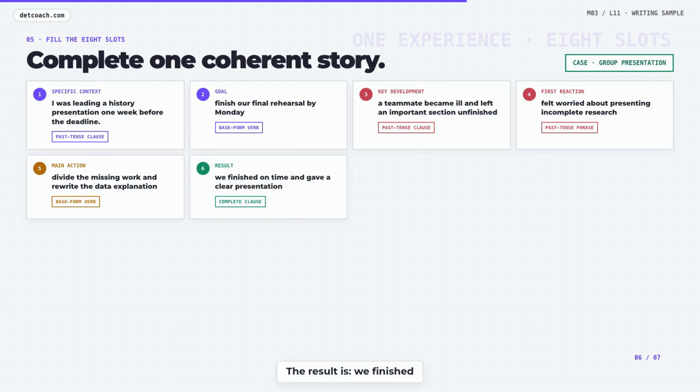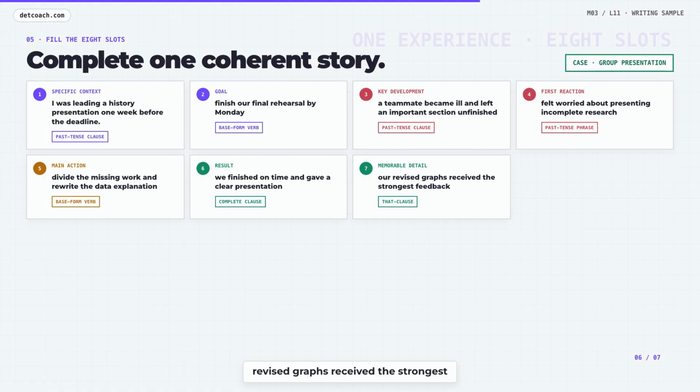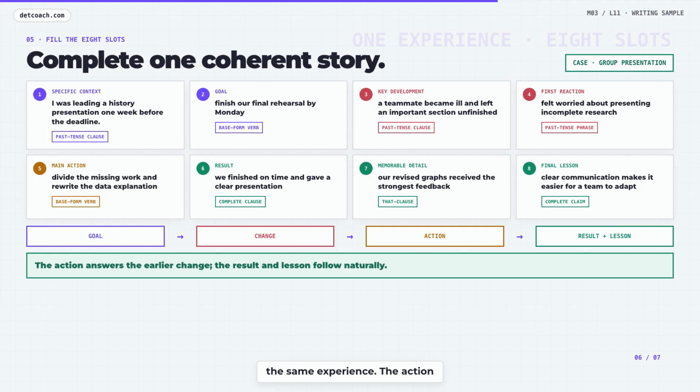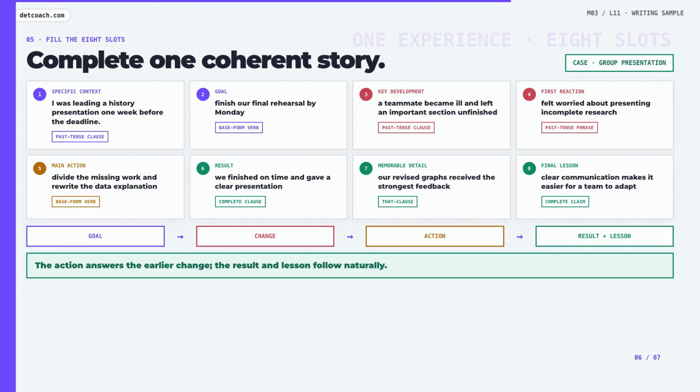The result is, we finished on time and gave a clear presentation. The memorable detail is, our revised graphs received the strongest feedback. The final lesson is, clear communication makes it easier for a team to adapt. All 8 slots come from the same experience. The action directly addresses the earlier change, and the result and lesson follow naturally.